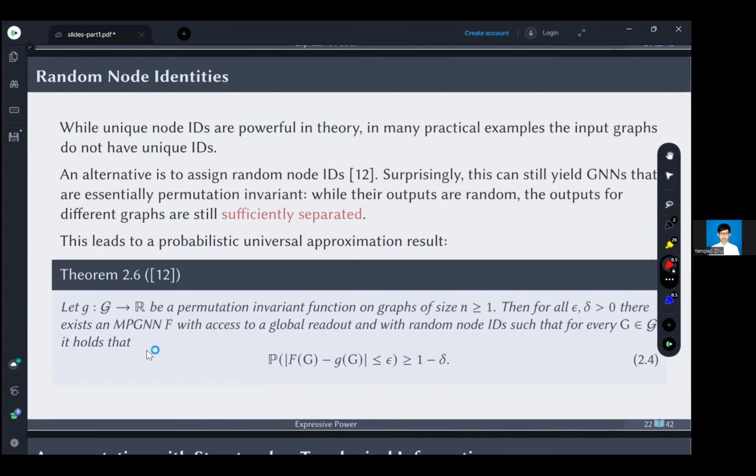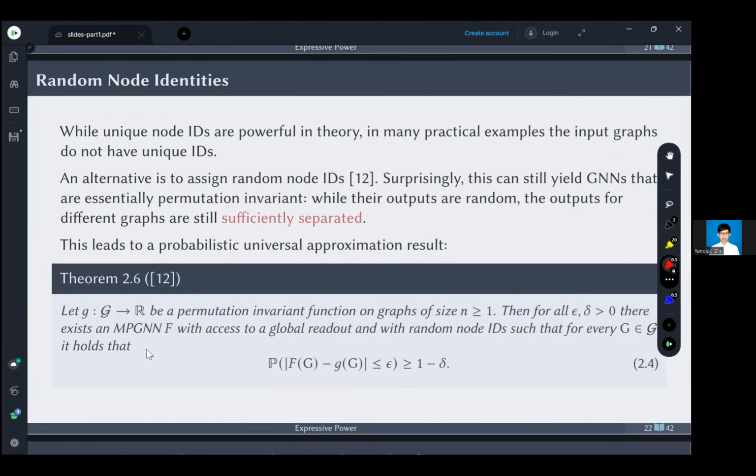So in reality, how do we assign random IDs? Do we just increment the node feature by one dimension? It's possible, and you can also replace the node feature set with the numbers. So we don't use the original features? Yeah, in some cases this is sufficient, so you just use the ID.